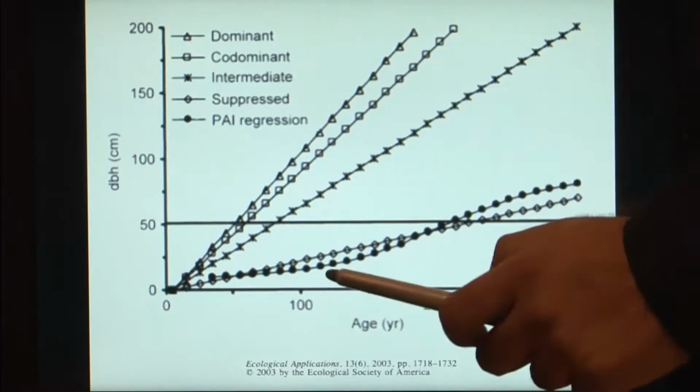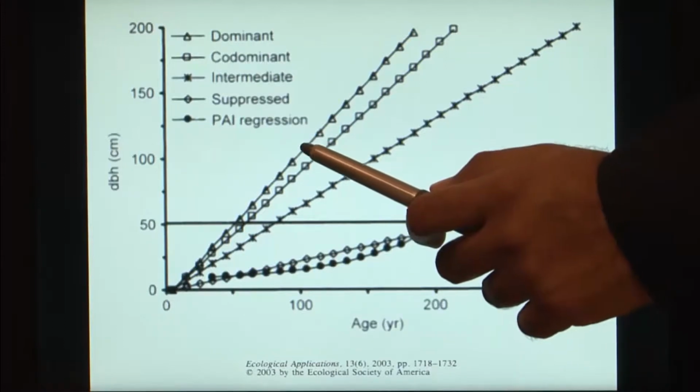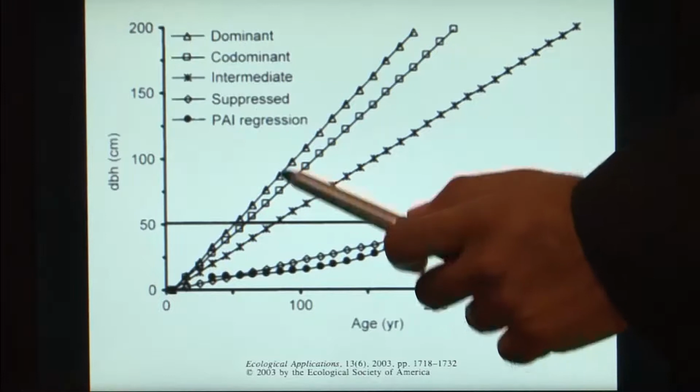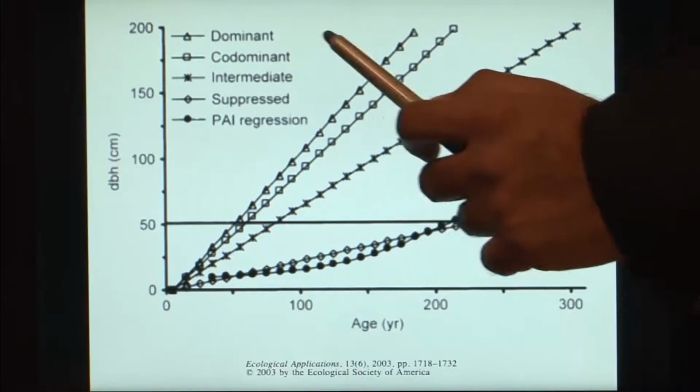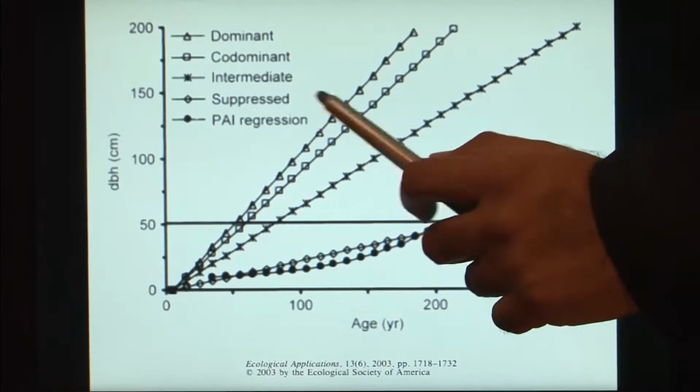So, suppose in this period of 100 years, it is putting up a diameter of greater than 100, whereas a co-dominant tree is receiving a lesser amount of diameter growth.